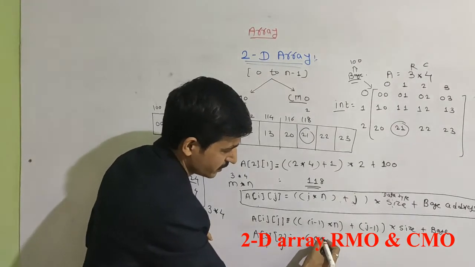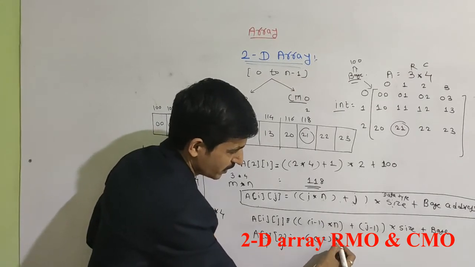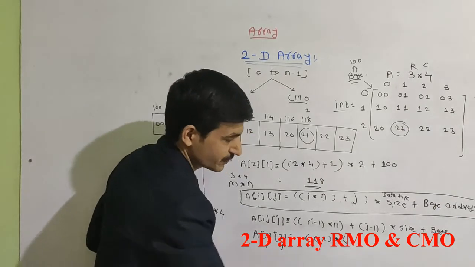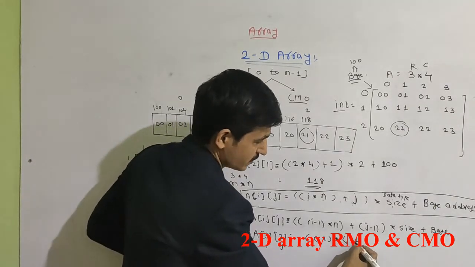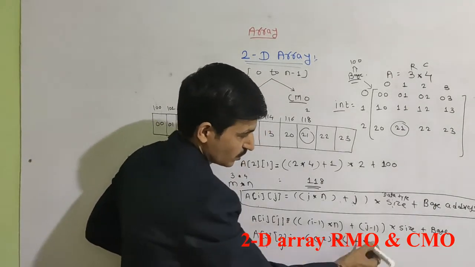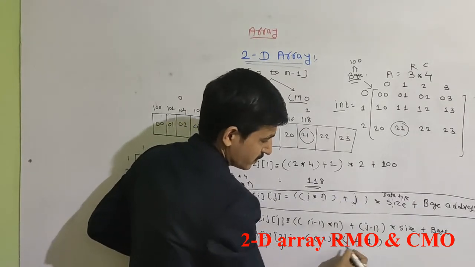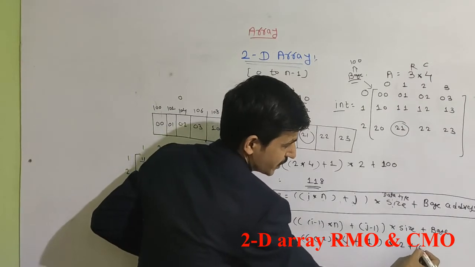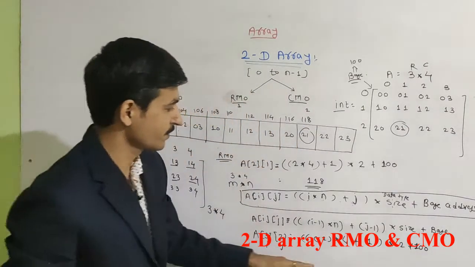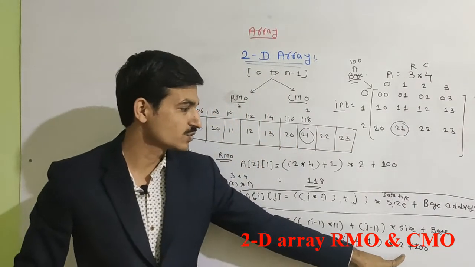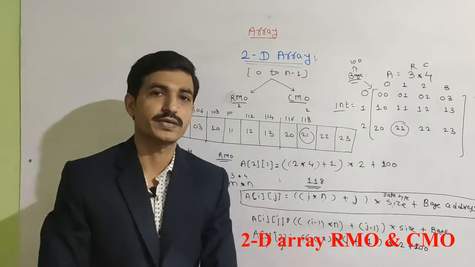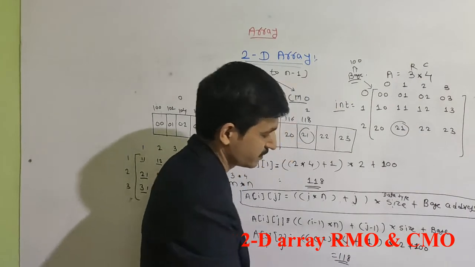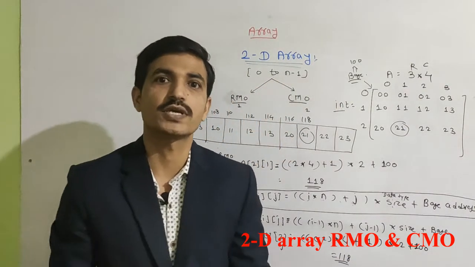So here I write 3 minus 1 is 2, into the value of n, the number of elements to be crossed, that is 4, plus j minus 1, j is 2, 2 minus 1 is 1, into size, that is 2, plus base, that is 100. 2 into 4 is 8, plus 1 into 2, 2, plus 100. So it is 118. We will get the same result in both the cases.